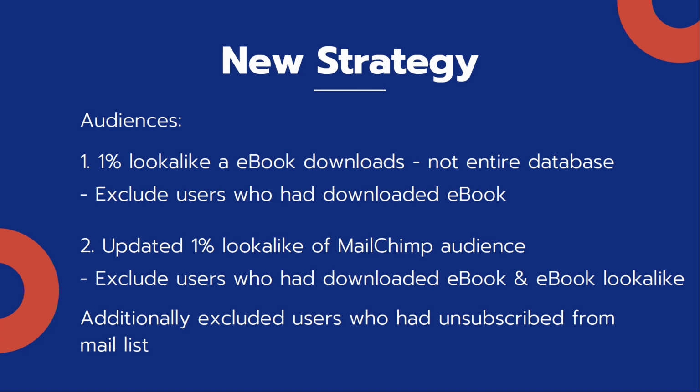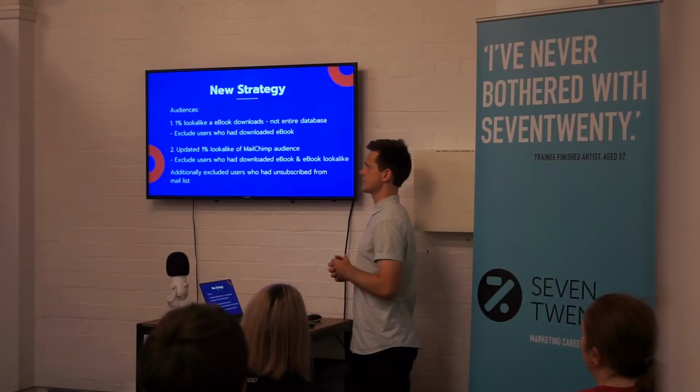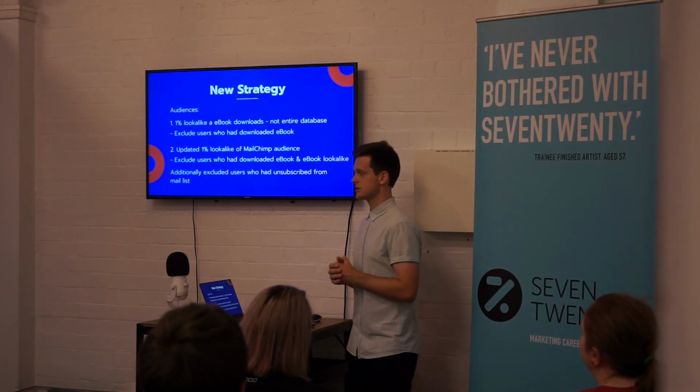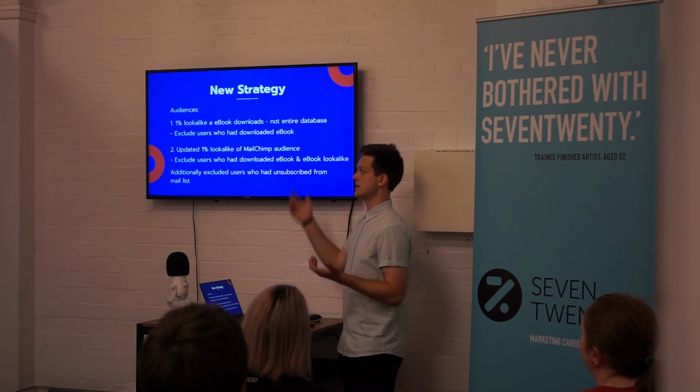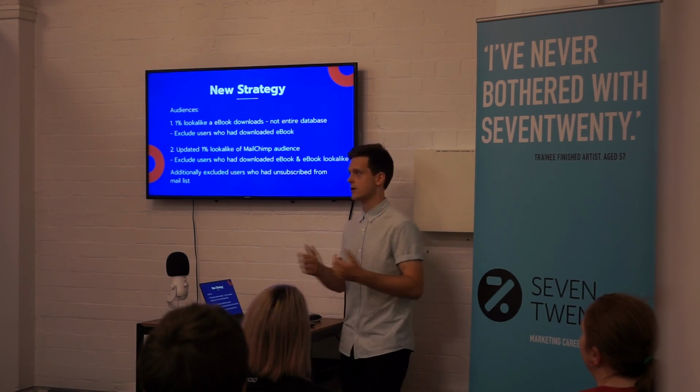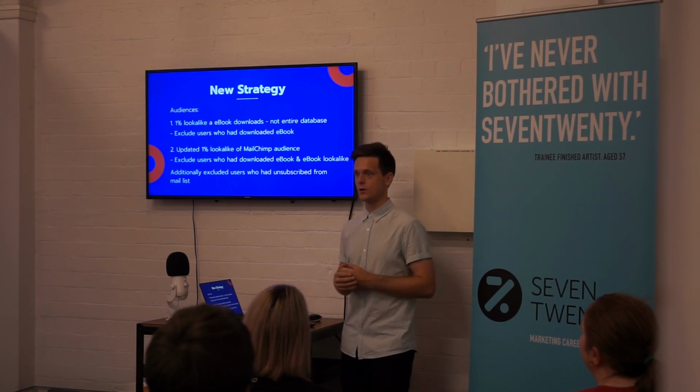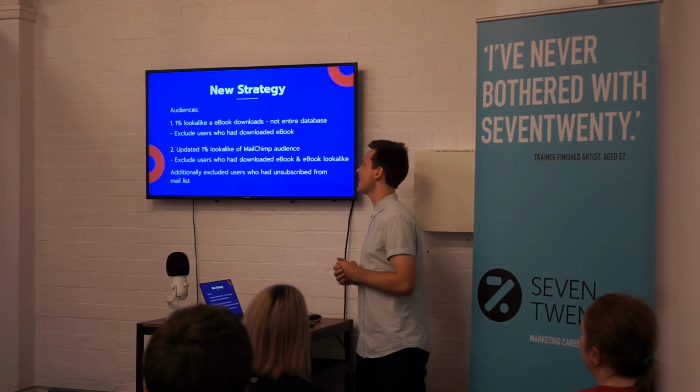So these are users who are specifically interested in that type of content, not just people who are in their MailChimp CRM, so it's a bit more broad. And we had never actually excluded anyone who had downloaded that yet. So we wanted to reduce our ad spend, so we excluded anyone who had downloaded the ebook in the past. It seems like common sense, but we just ran it for so long and let it tick over that it was time to do that now.